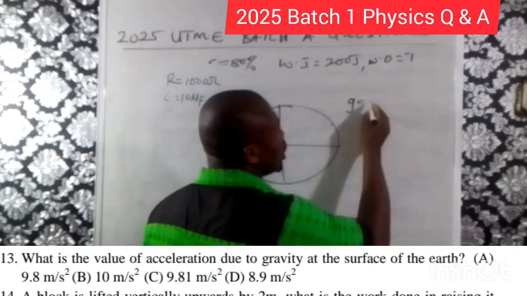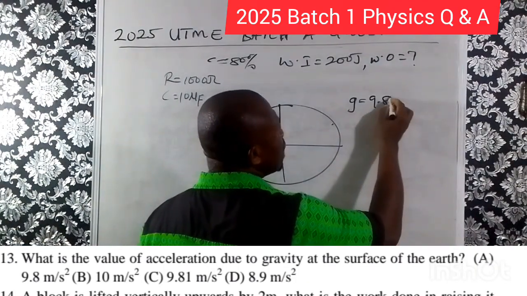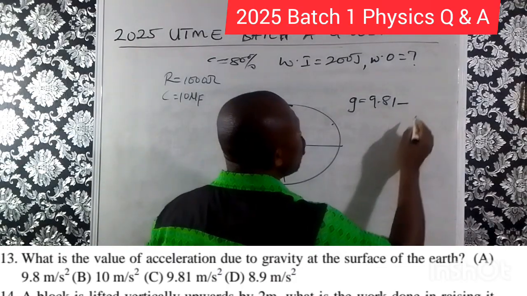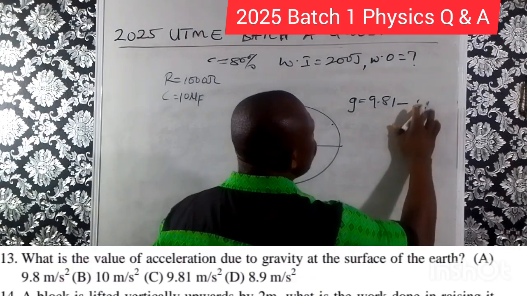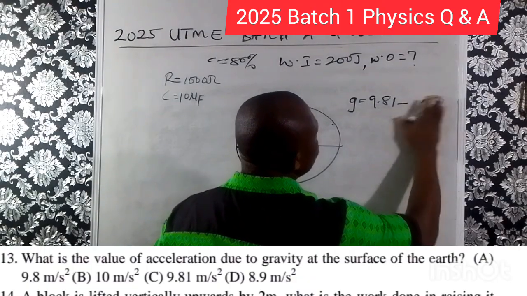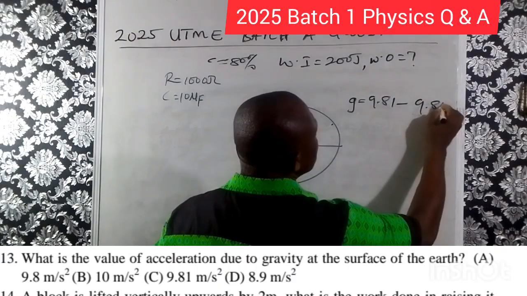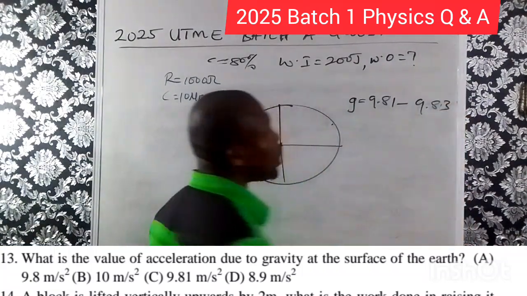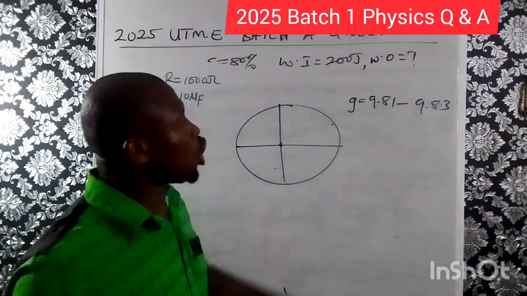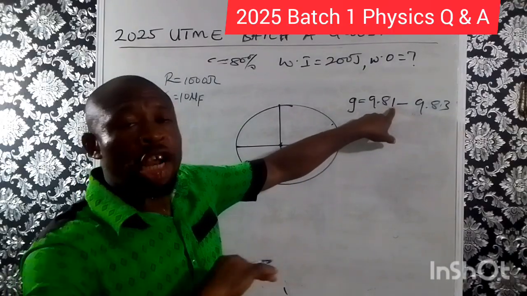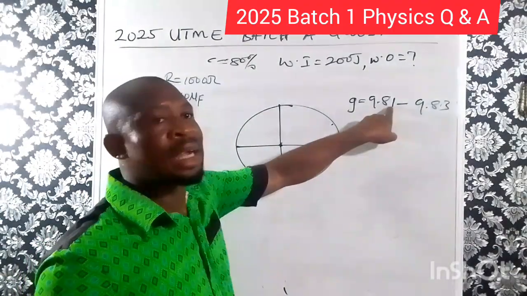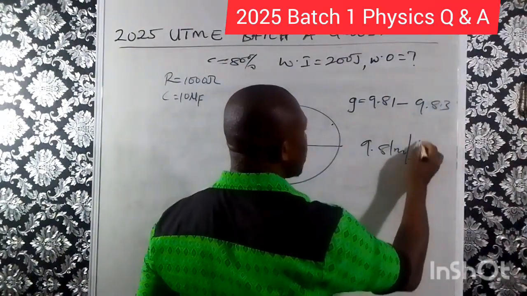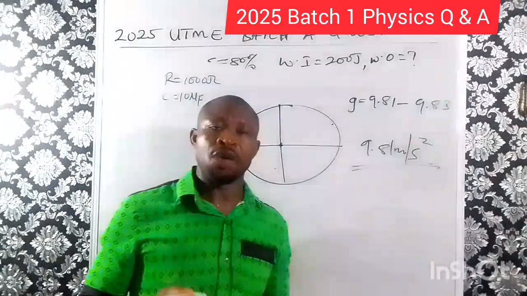Now the g varies from 9.81 up to 9.84, as the case will be. Therefore, the option there is on the surface of the Earth, it is 9.81. So we have 9.81 meters per second squared as our correct answer.